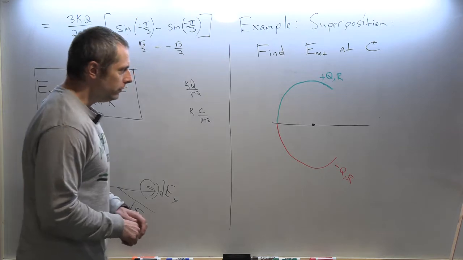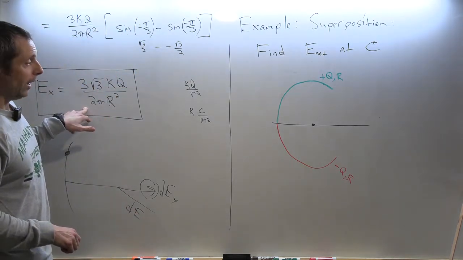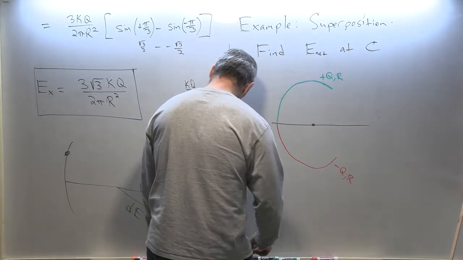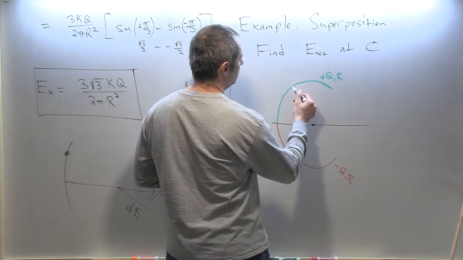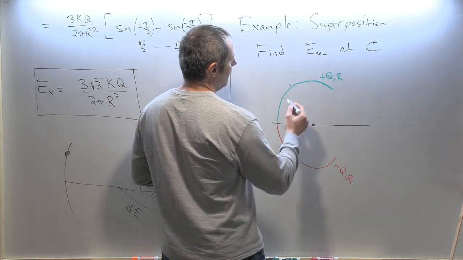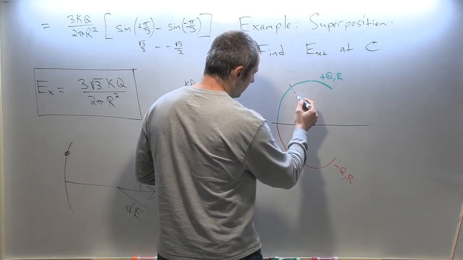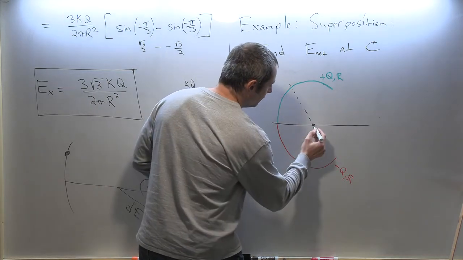Rather than redo the integration, we could use this formula that we already derived. We know that if we go 120 degrees and we go 60, which is the midpoint, the net electric field caused by this positive arc will point like this.